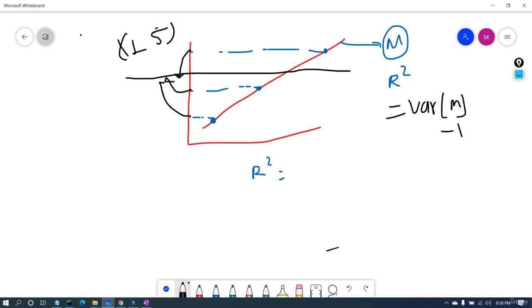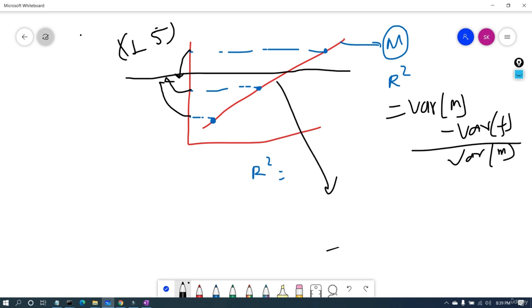Now our formula is the variance of the mean minus the variance of the fit, divided by the variance of the mean. So this is our formula. We calculated the variance of the mean, which came out to be 15. Now let's calculate the variance of the fit. The fit is nothing but this line. So let's calculate the sum of squared error between the observed and predicted values: observed minus predicted for each point. For the first data point, it is O1 minus P1.